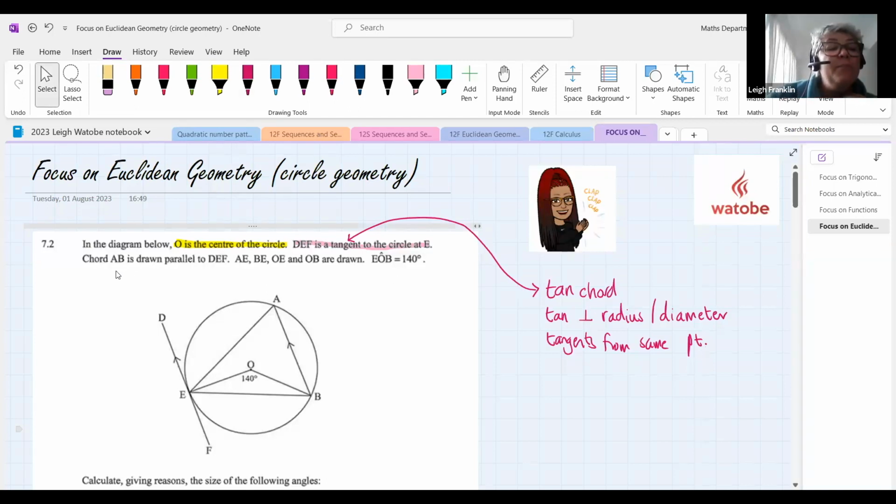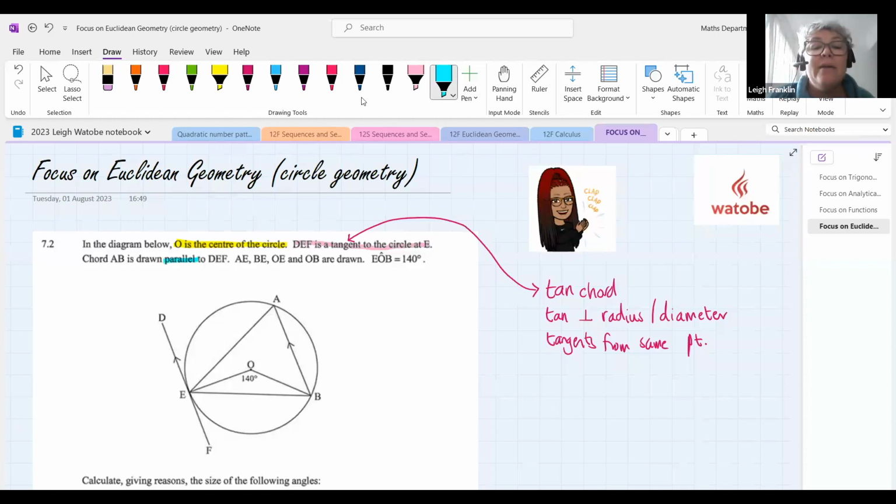Let's go and have a look at the rest of the information. Chord AB is drawn parallel to DEF. So the minute we see the word parallel, we need to go back to grade 8 and start thinking about all the grade 8 geometry reasons that are associated with parallel lines. In other words, we need to start thinking about corresponding angles, which would be one.